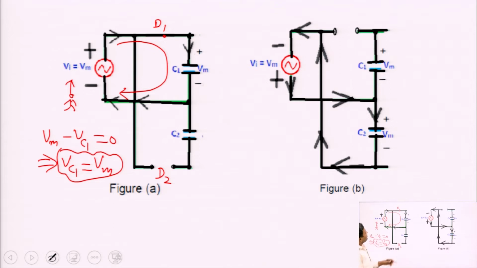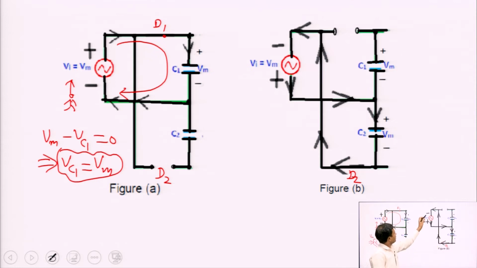When the input is negative half cycle, what will happen? Obviously, D2 will be in forward bias, because the polarity of the input signal has already changed. This means the positive polarity of the input is connected here, and the negative polarity is connected with this.